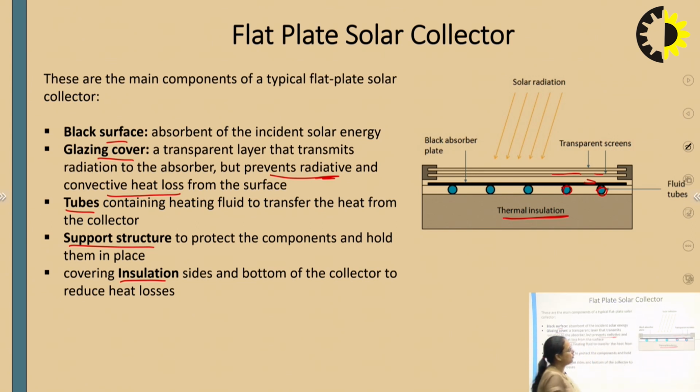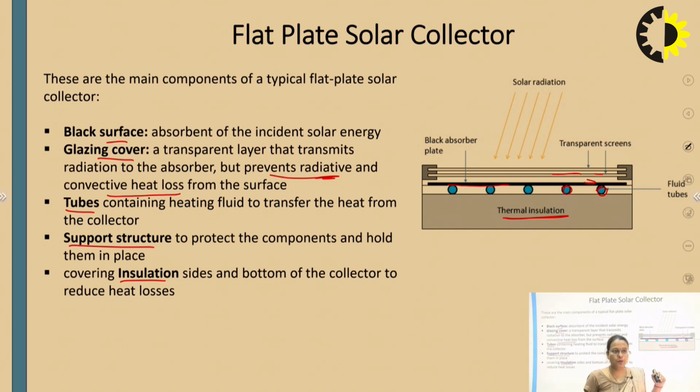This is the black absorber plate used over here. The solar radiations are first incident on that black surface, which will work as an absorber of the incident solar energy. The glazing cover, which is a transparent layer, transmits radiation to the absorber and prevents the radiative and convective heat loss from the surface.